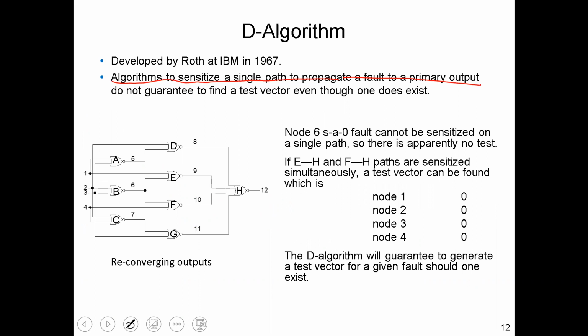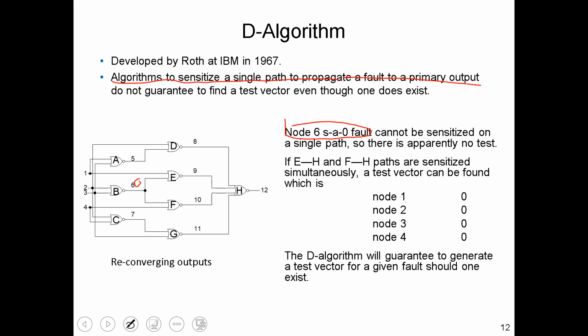Let's look at this particular circuit. Assume node 6 has a stuck at 0 fault. Now let's apply the previous method to see if we can find a test vector at the input to observe this fault.